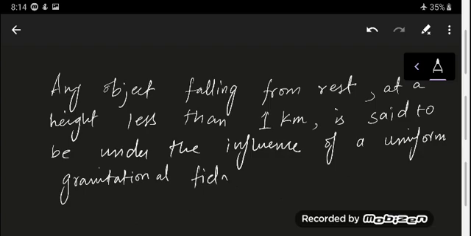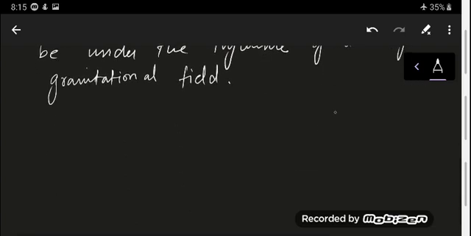Let's say this is an object, and it's going to fall downwards, and this object is bound to experience a force of gravity. The force of gravity that this object experiences is known as the weight of the object. So the force of gravity that's going to act downwards on this object is due to this gravitational field strength.